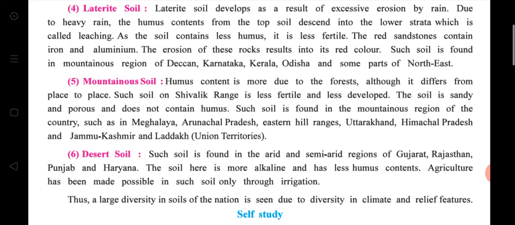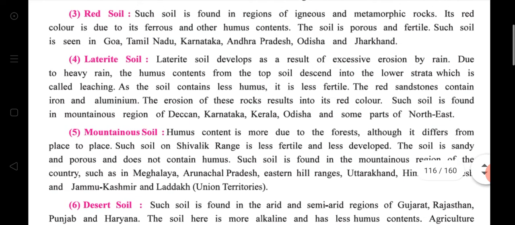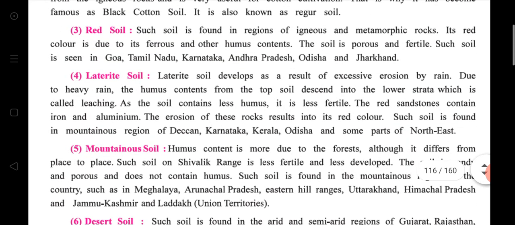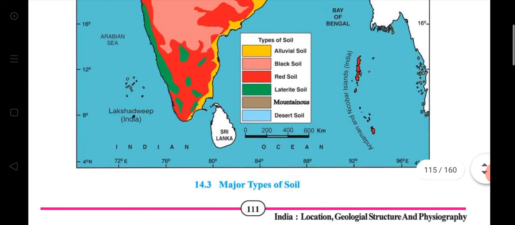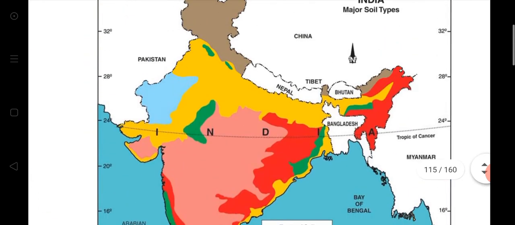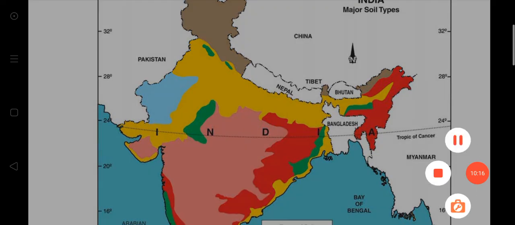Such soil is found in the mountainous regions of the country like Meghalaya, Arunachal Pradesh, Eastern Hill Range, Uttarakhand, Himachal Pradesh, and Jammu Kashmir and Ladakh, which is a Union Territory. We can see all the mountainous areas in the map, and it is also called Shivalik.